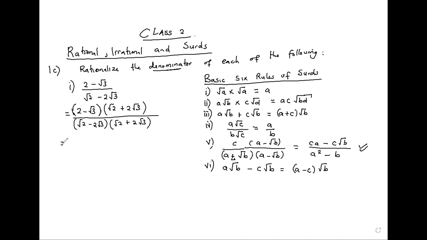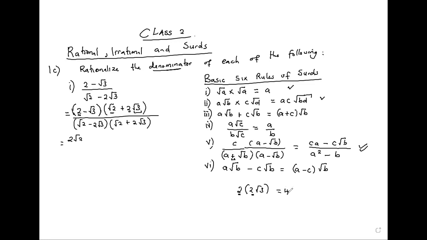Now I want to expand. As we expand, we use property number 1 and property number 2. So we have 2 multiplied by root 2. That becomes 2 root 2. Then we have 2 multiplied by 2 root 3. What is 2 times 2? 4.